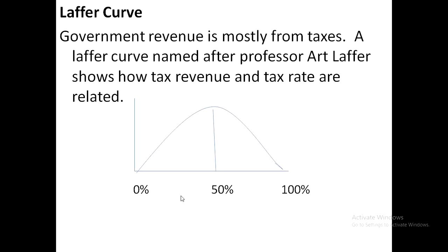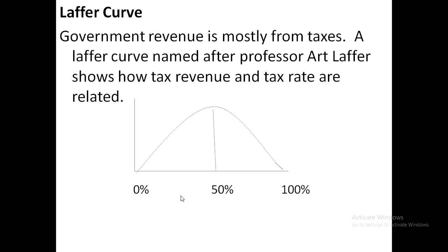Now 25% means that more people will be willing to pay tax because tax is cheap. At 75%, government will be taking larger proportions of income from those that are paying tax, but the problem is that few people will be willing to pay tax because tax will be very expensive.